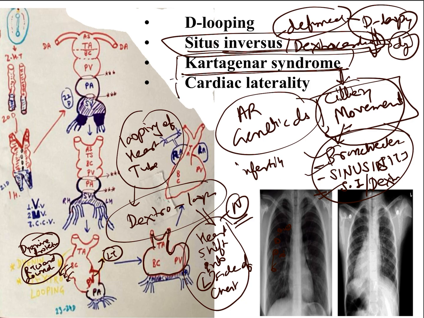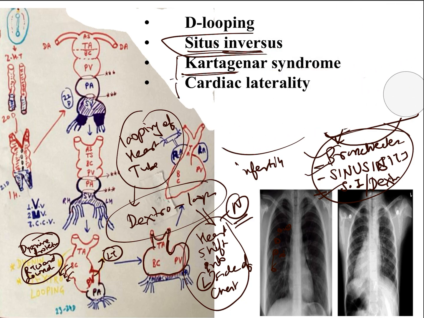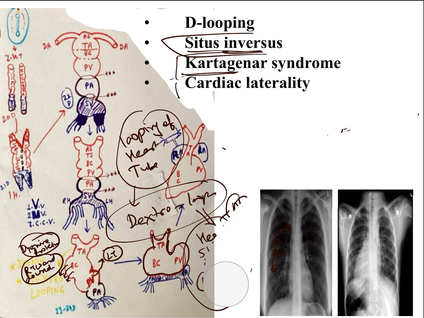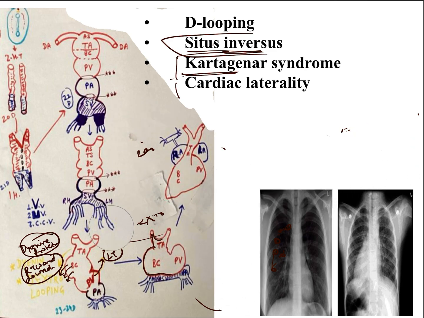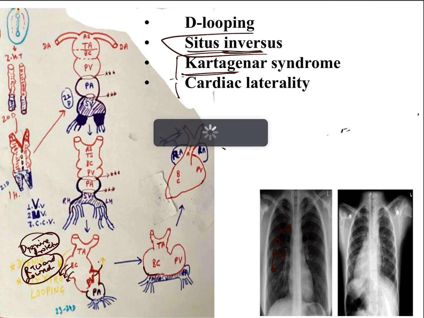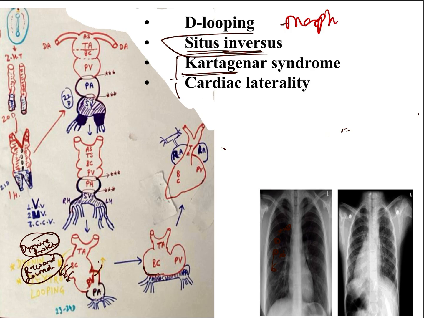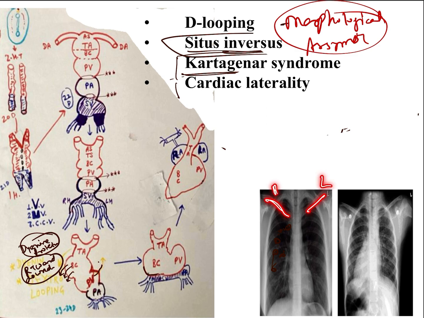Now I am introducing you to a new term known as cardiac laterality. What is the meaning of cardiac laterality? Cardiac laterality means morphological asymmetry. Why morphological asymmetry? If you look carefully at this X-ray, you will find that on both sides there is a mirror image, meaning the clavicle is on both sides, right and left.